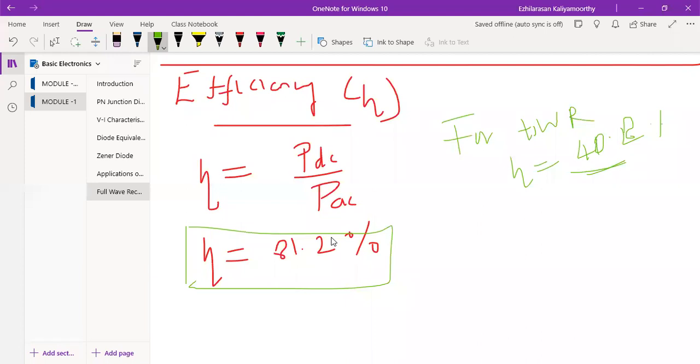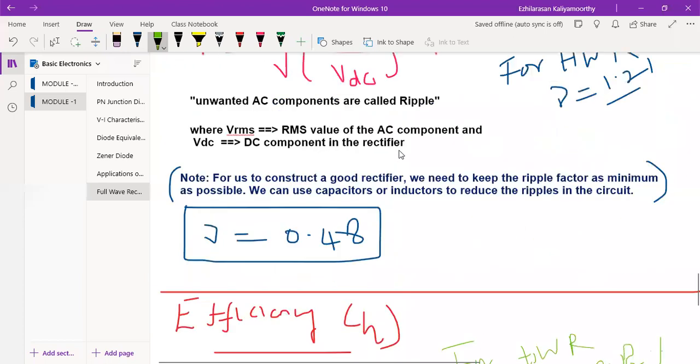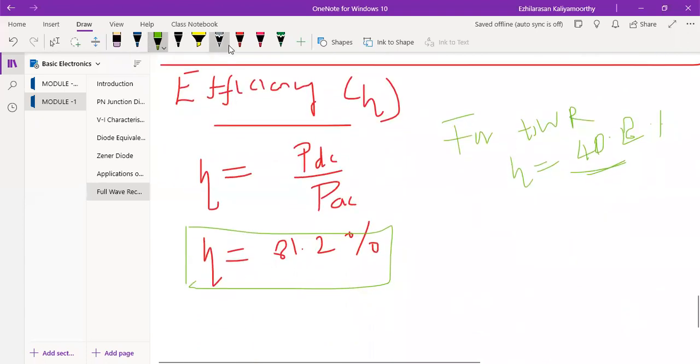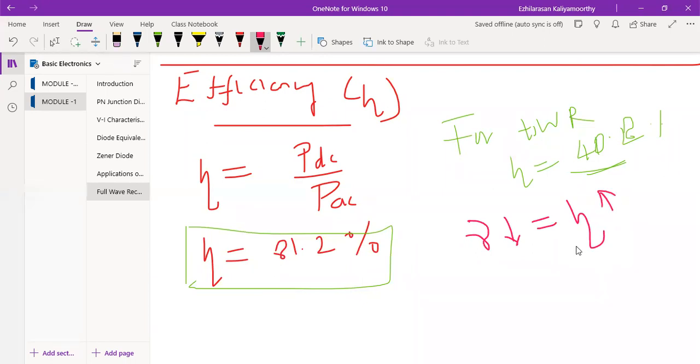Why? Because you need to get efficiency of at least 95 or 98 to get a proper DC signal in the output. To get that, you need to add a capacitor at the output. So we can easily reduce the ripple factor. If you reduce the ripple factor, the efficiency will automatically increase.